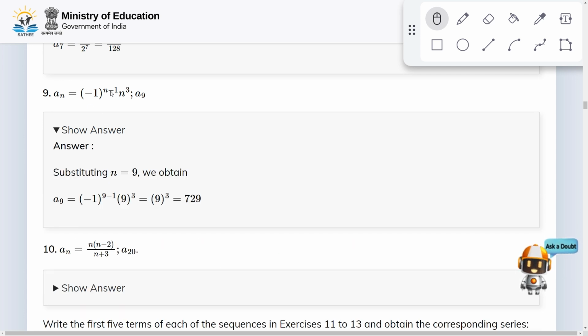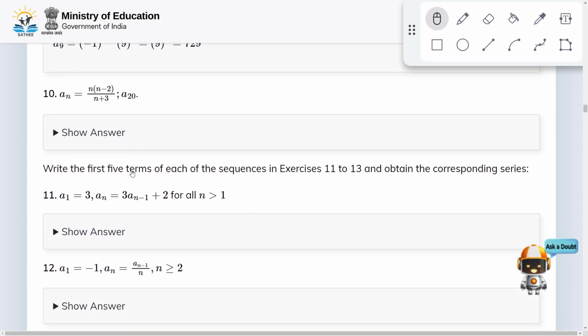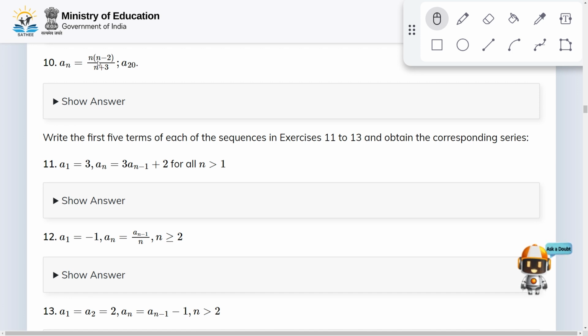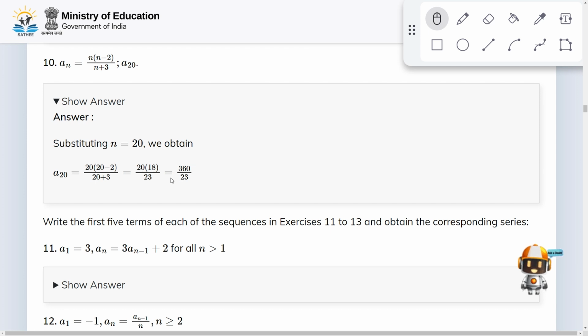This means minus 1 power 8 times 9 power 3, which means 729. Now the 10th problem. An will be n multiply n minus 2 divided by n plus 3. You have to find A20. So put n equals 20. So 20 multiply 18 divided by 23, which means 360 by 23.